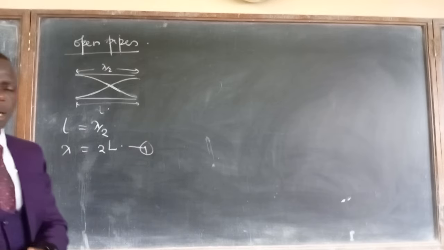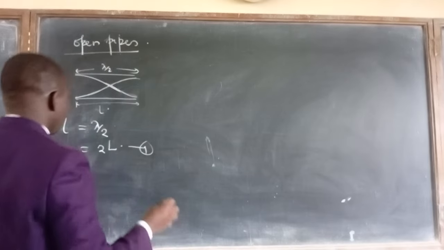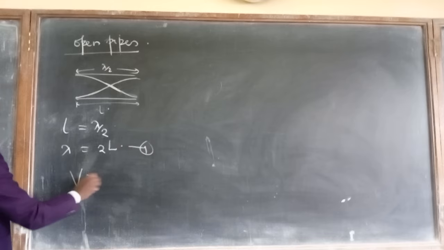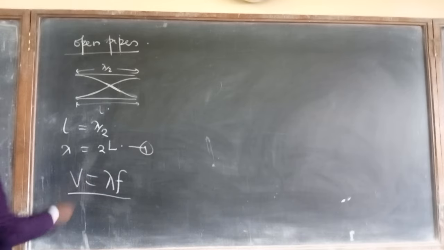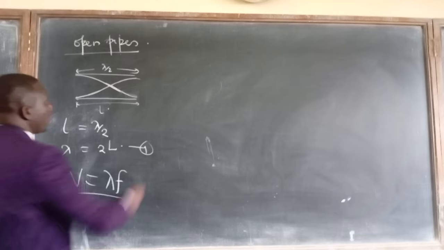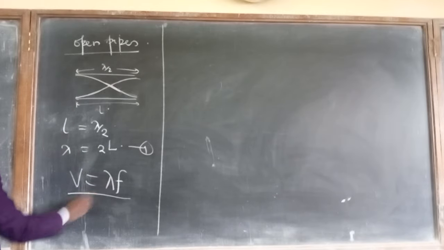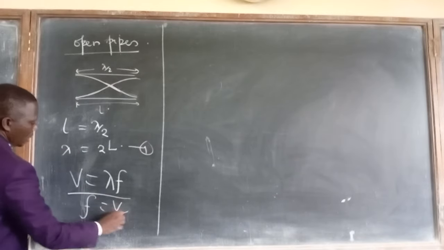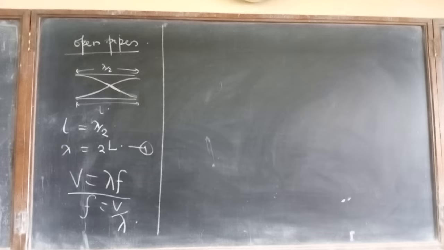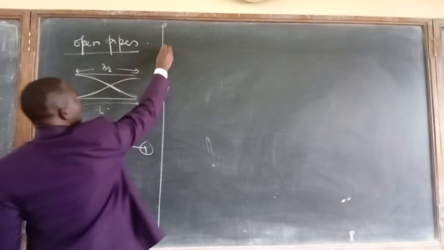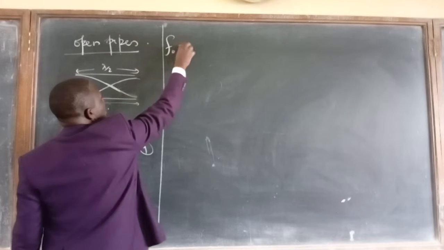Keep remembering the wave equation. The wave equation is very important. From this, we are interested in the frequency, in this case the fundamental frequency, which is the smallest frequency.